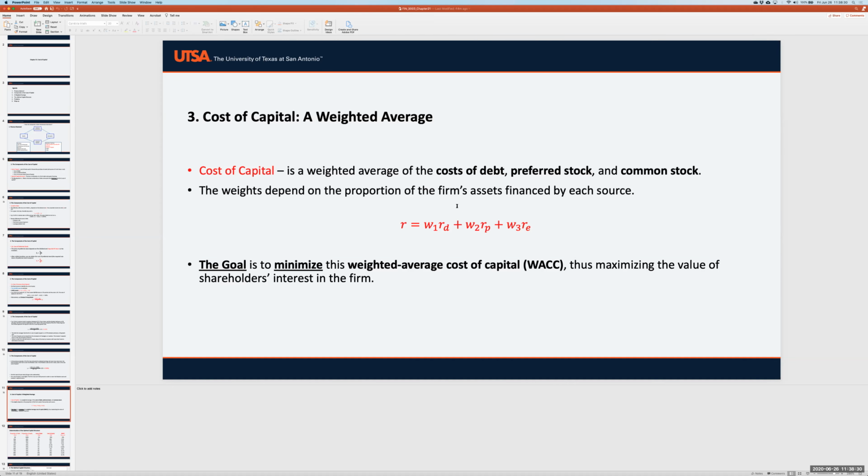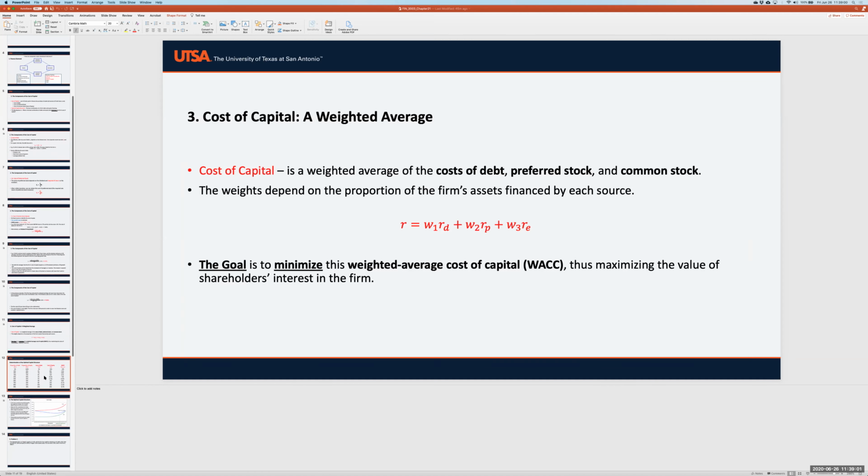And weight 1 plus weight 2 plus weight 3 should equal 100%. So the goal is to minimize the weighted average cost of capital, which maximizes the value of the shareholder interest in the firm. So we try to find some weights that minimize the R value. So we are trying to minimize the cost of capital.